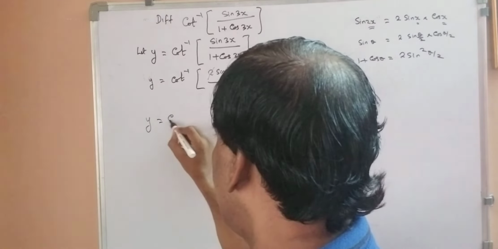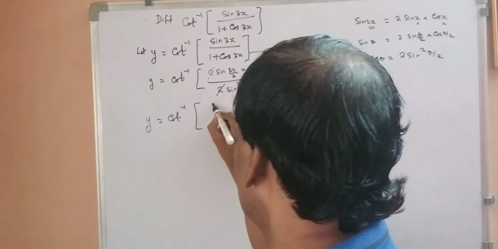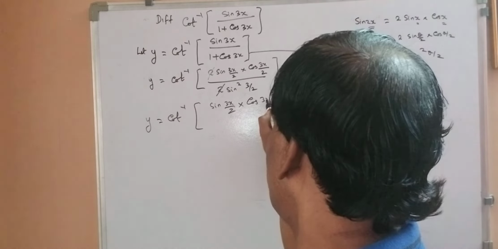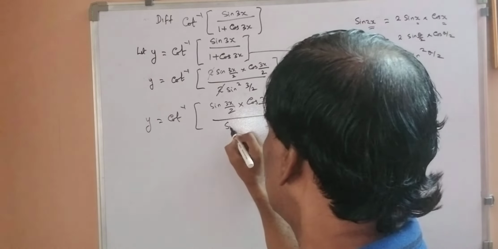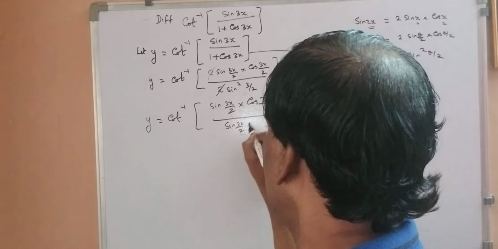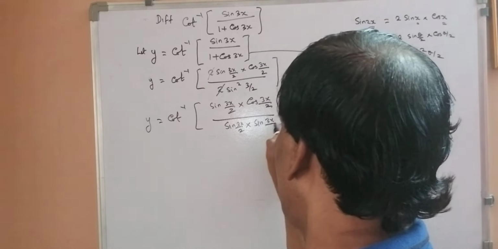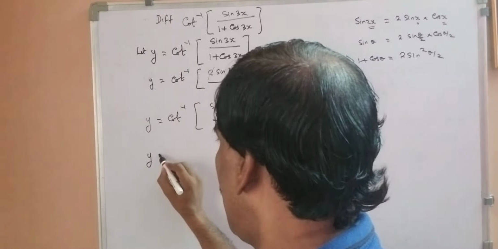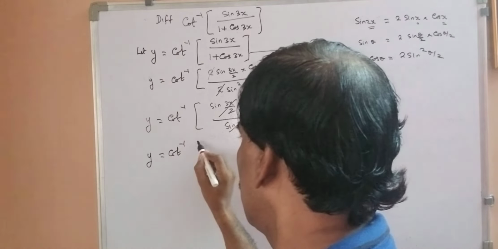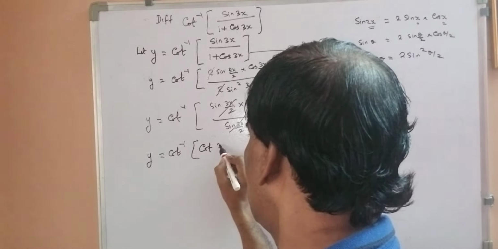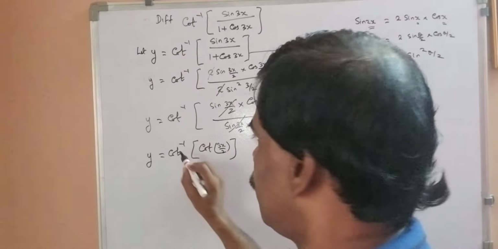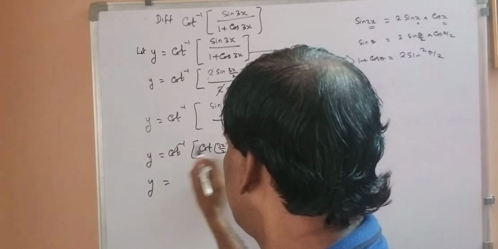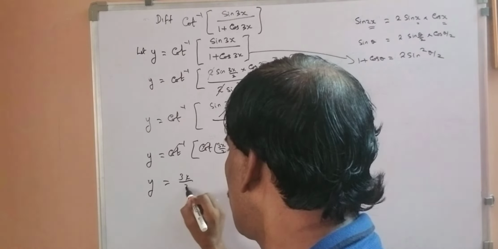If you want, I will write sin 3x by 2 into cos 3x by 2 upon cos 3x by 2 into cos 3x by 2, because it is a square. Cancel. What is sin upon cos? Tan. Tan 3x upon 2. Now you see cot inverse of cot. Cancel. So y equal to 3x upon 2.